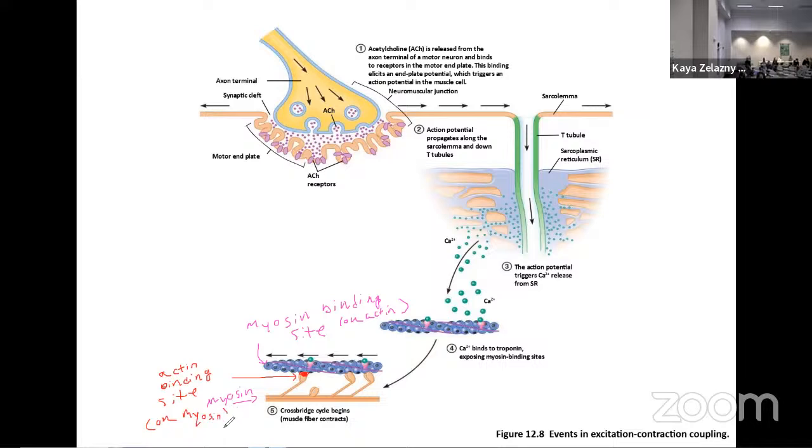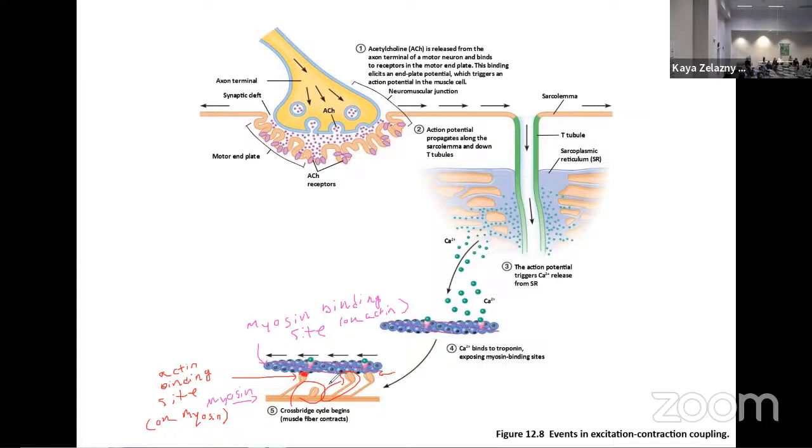Here we can even see an image of a cross bridge that's in the high energy form, ready to grab the actin. But we can see that on several of our other cross bridges, we've done that first step of the cross bridge cycle at least. So we grabbed onto the actin, and I suspect we have also thrown it forward in the power stroke, so changed the shape.